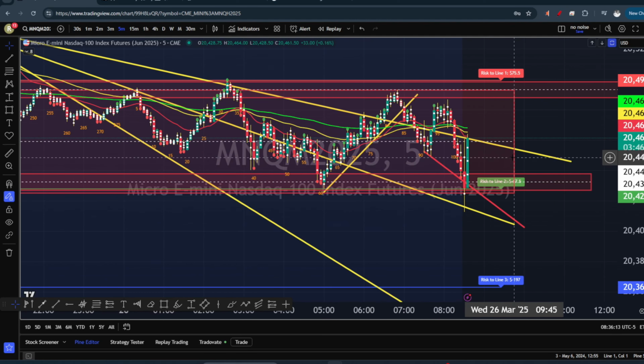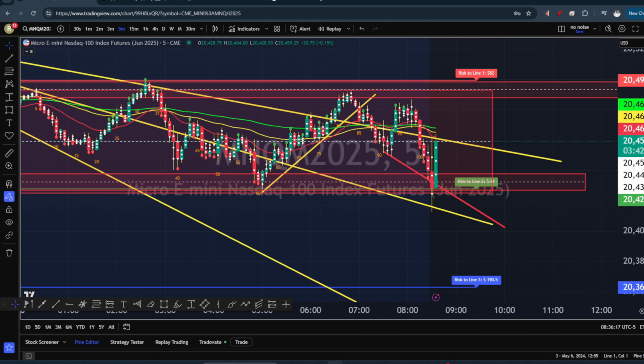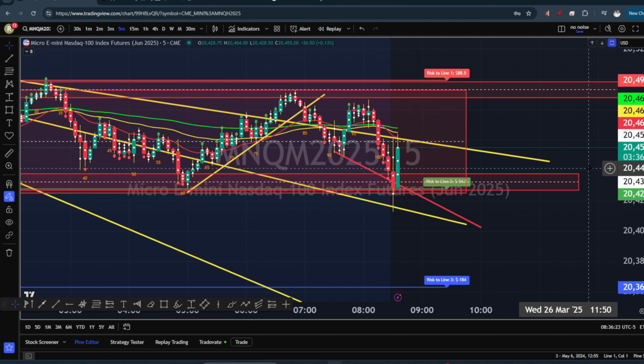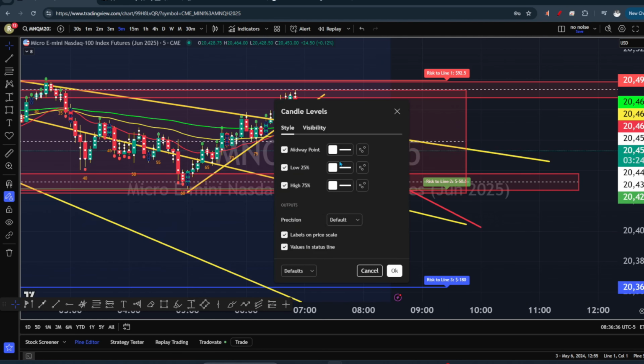So now if I'm thinking about buying, I've got to fade this entire big bar here. And it is a big bar to try to fade. But let's see if I can get in around the 50% of it. This dot right here is 50%.